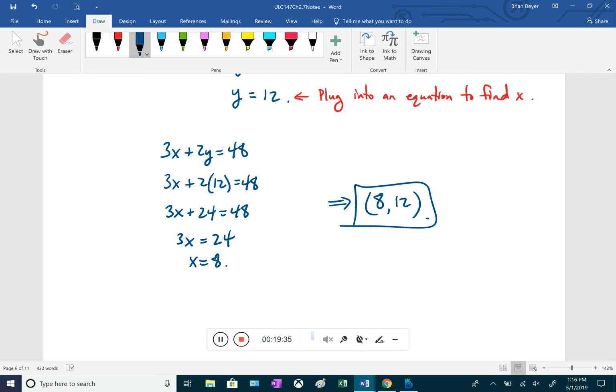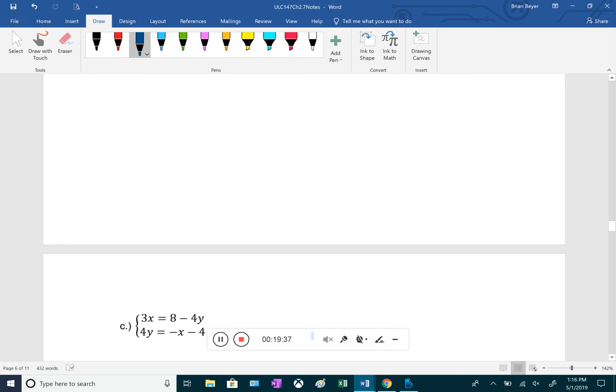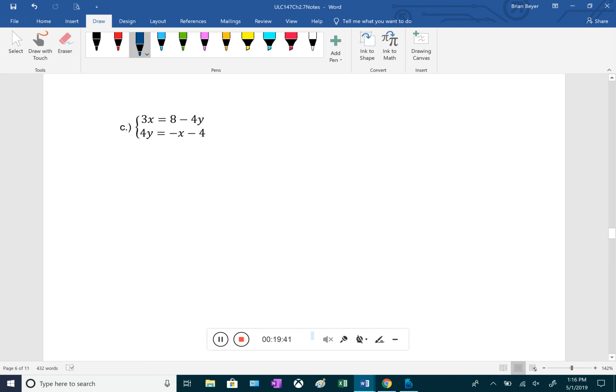Okay, so let's do a couple more here. 2 more probably. Yeah, 2 more to make sure we're good. So next one, we have 3x equals 8 minus 4y. And 4y equals negative x minus 4. So before we do anything, the first thing we have to do here is write this in the correct form.